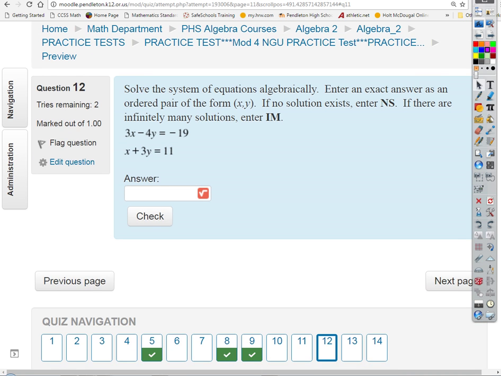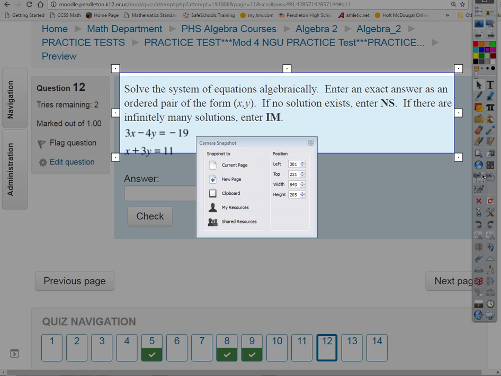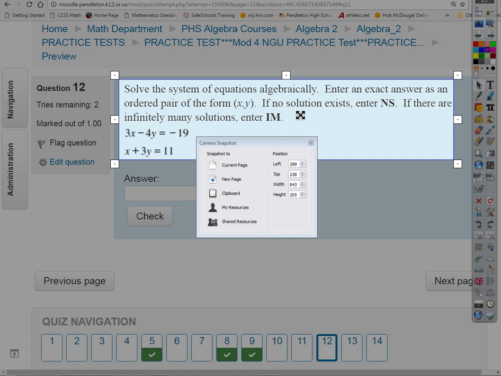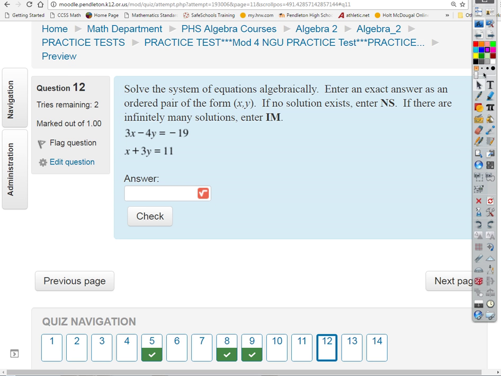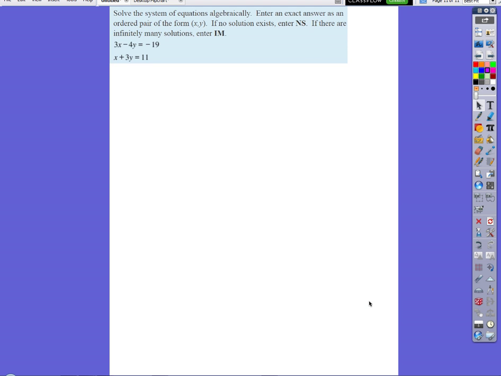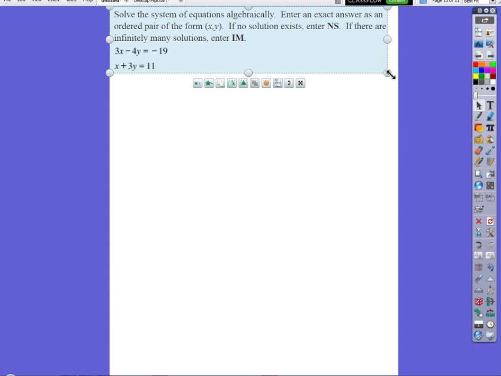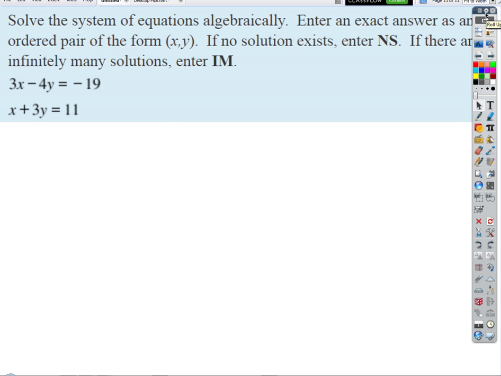Okay, more of the same. Okay, what's my strategy this time? Substitution.